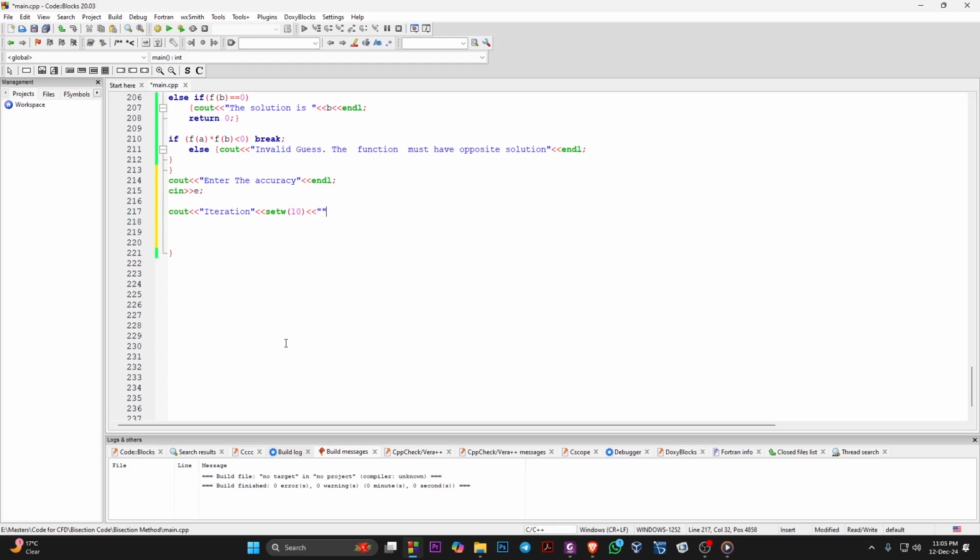Iterations, then value for a, value for b, f of a, f of b, minus b.